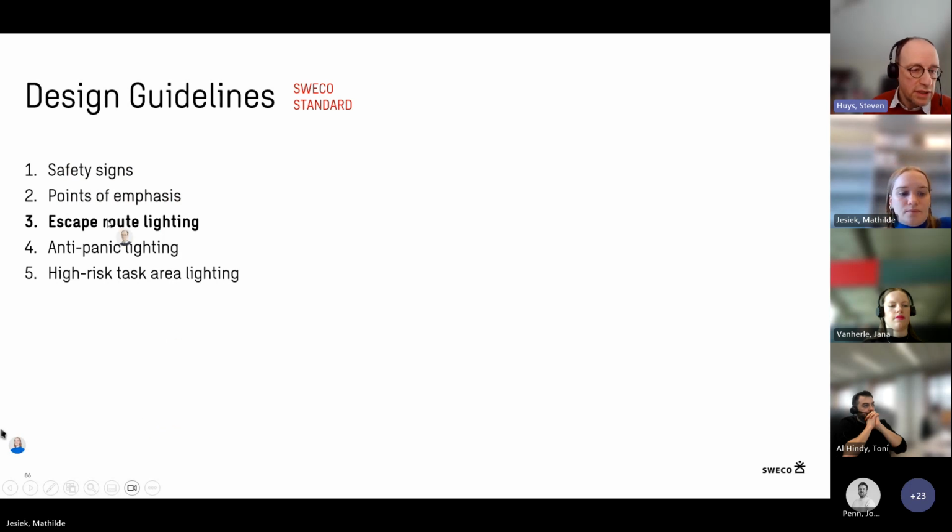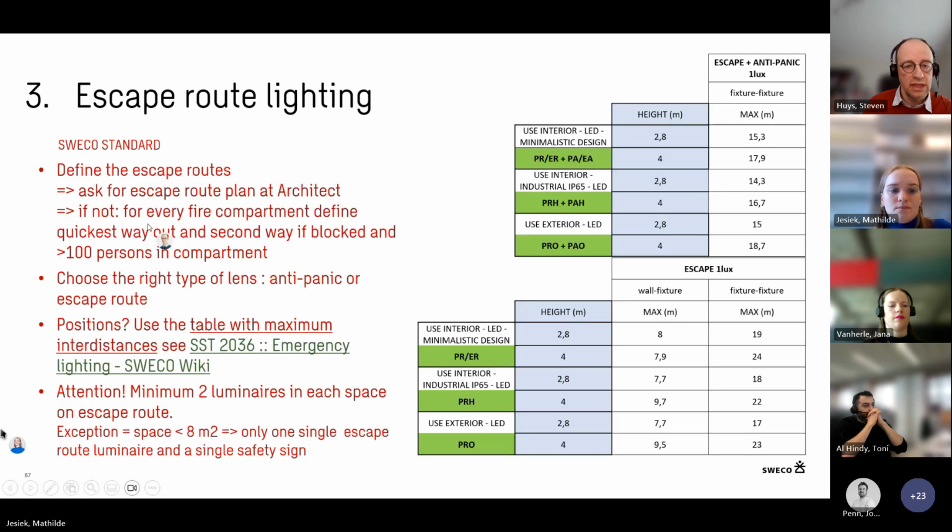Then the third step is the escape route lighting. You have to make sure. Matilda did a lot of work to calculate with the different manufacturers what is the maximum interdistance between two escape route fixtures, or between an escape route fixture and an anti-panic fixture, and we summarized it in a table.